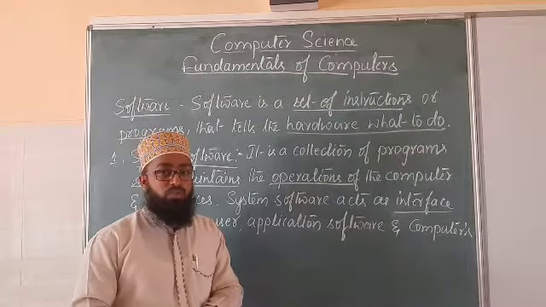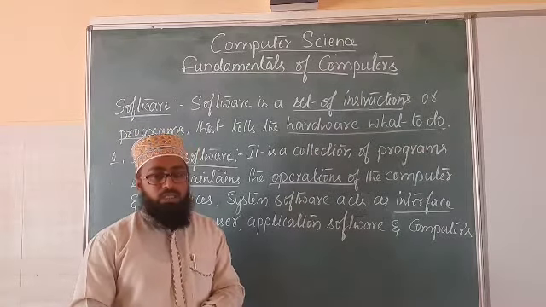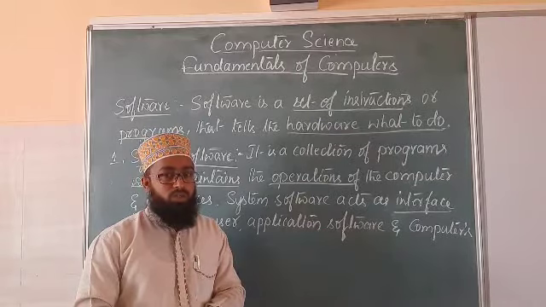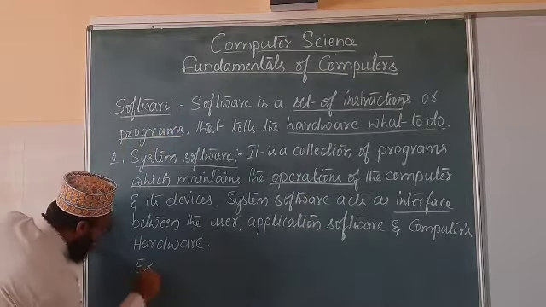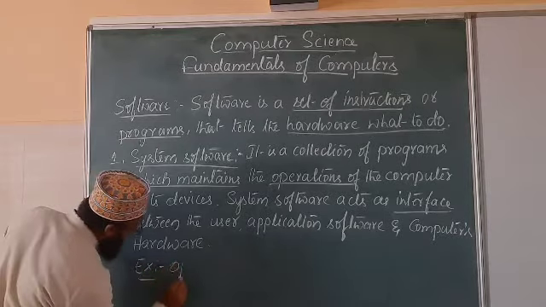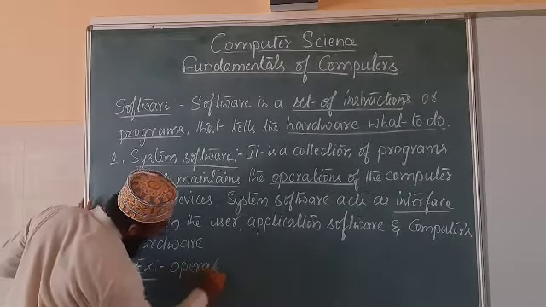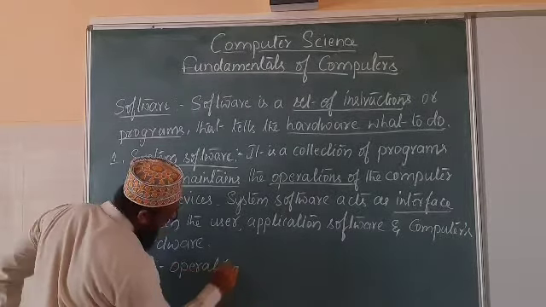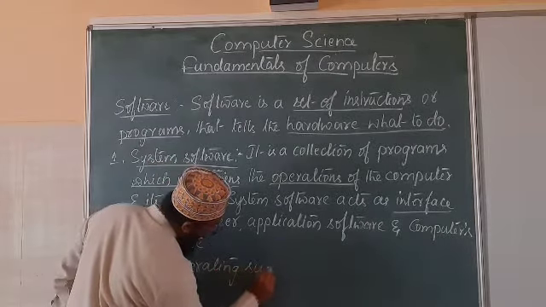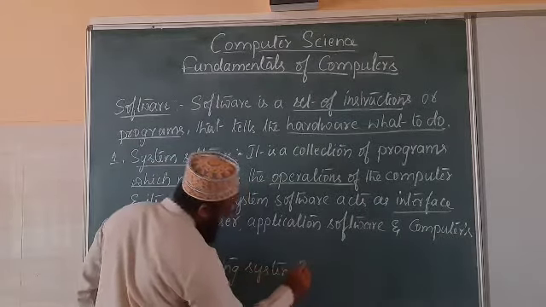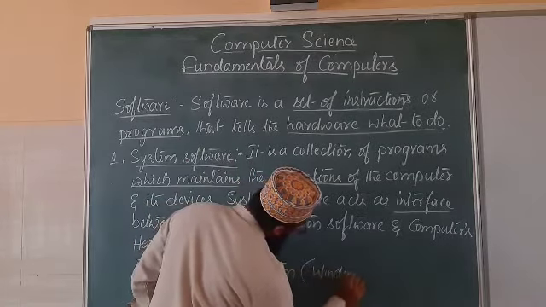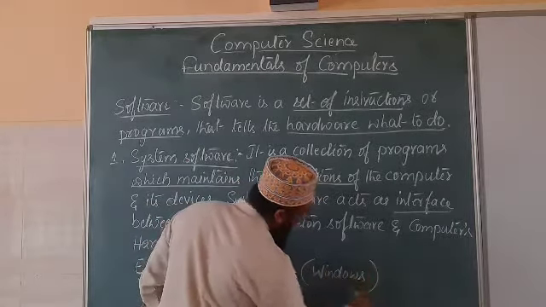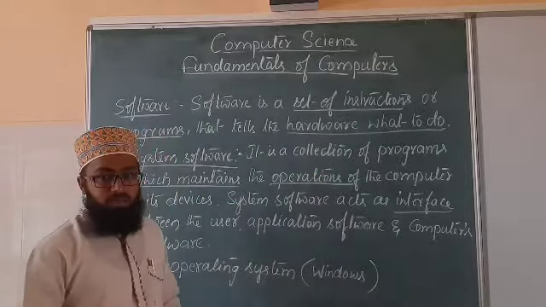Then you will come to know what actually the system software is and what actually the application software is. We can give an example for this, that is the operating system. For operating system, you can give Windows. It may be Windows 7 or Windows 10, whatever it may be.